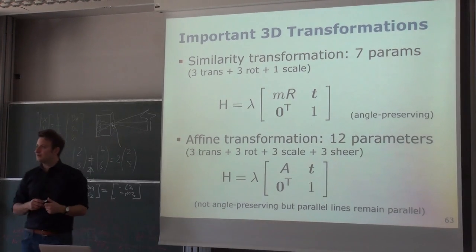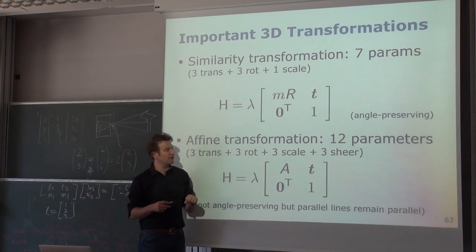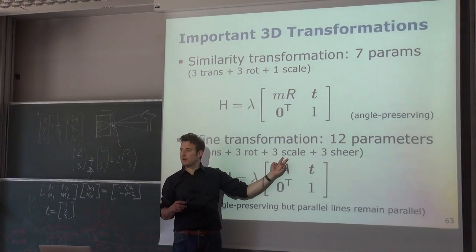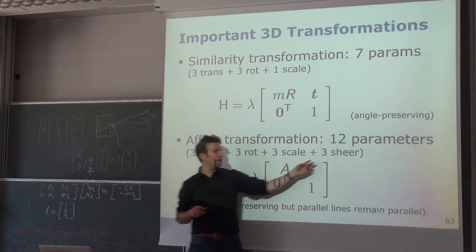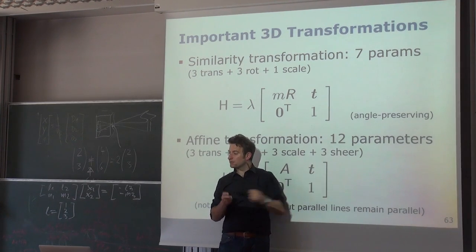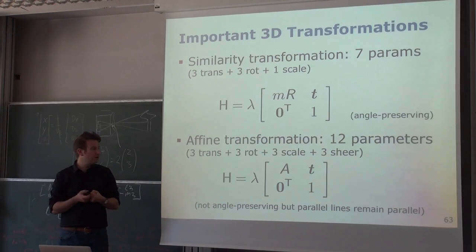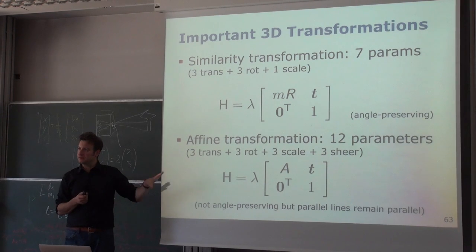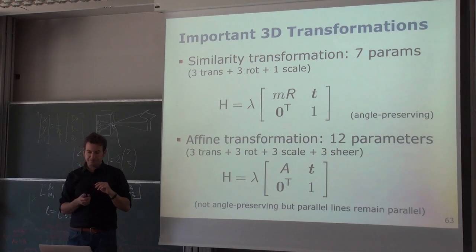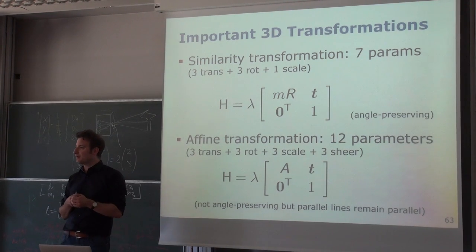We can also look at affine transformations, where in addition to the similarity transform, we have 3 scale parameters, not only 1, in the different directions, and 3 shear parameters for shearing the system. Through the shear, we don't have an angle-preserving mapping anymore, but we still have the fact that parallel lines remain parallel.